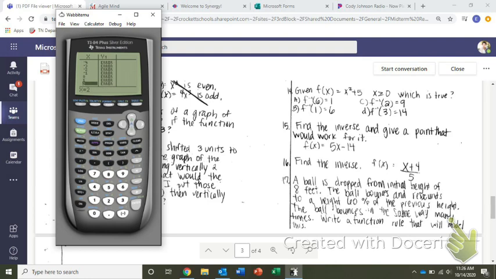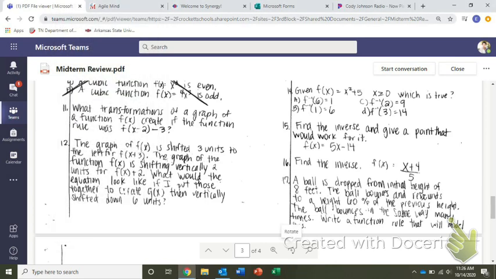When I have a 2, it also says error. When I have a 3, it also says error. But when I have a 6, it says it's 1. So, my correct answer here is choice A. Okay?